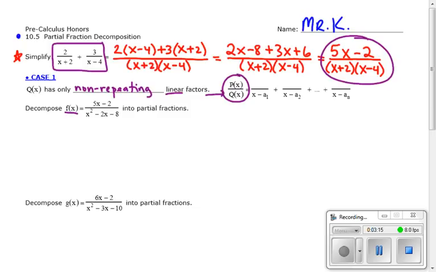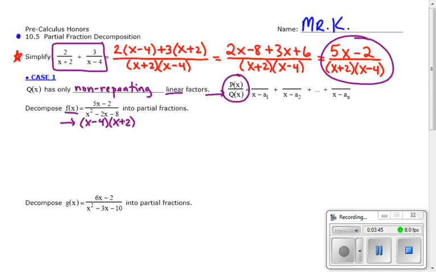So our first example of 5x minus 2 over x squared minus 2x minus 8: if I factor that denominator, x minus 4, x plus 2, you see how this qualifies, that my denominator has linear factors, right? X minus 4 and x plus 2 are linear, and they're non-repeating. Now, what you'll see in case 2 and 3 and 4 is sometimes the repeating would be like x plus 2 squared, which of course this example does not have.